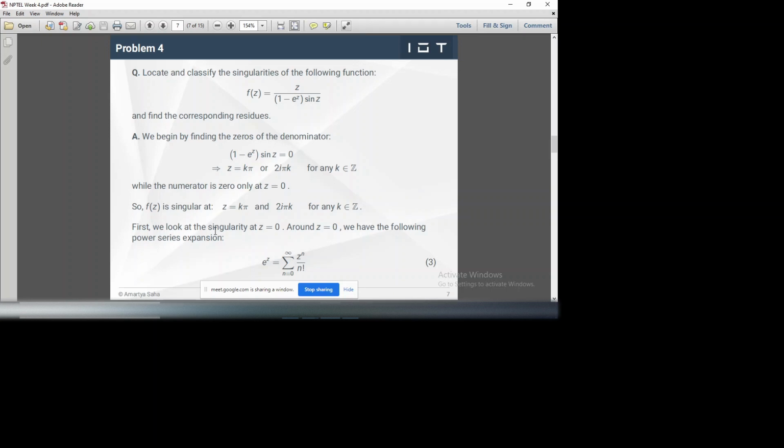So here, let us first look at z equal to 0. Around z equal to 0, our exponential function has this power series expansion, expansion 3. This is quite well known.